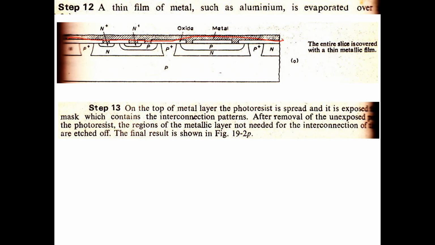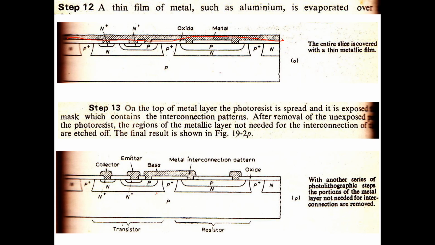On top of the metal layer, the photoresist is spread, and it is exposed to a mask which contains the interconnection patterns. After removal of the unexposed portion of the photoresist, the regions of the metallic layer not needed for interconnection are etched off. So the final result will be something like this.